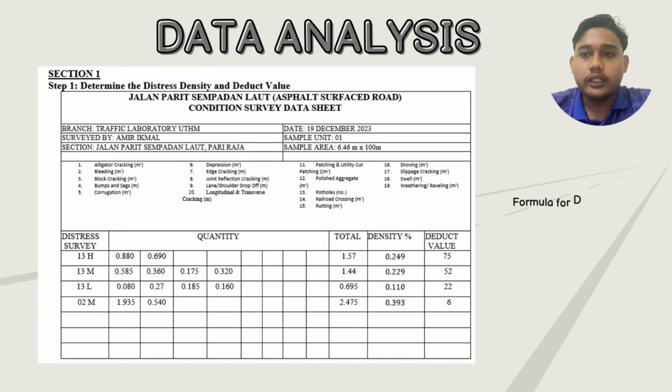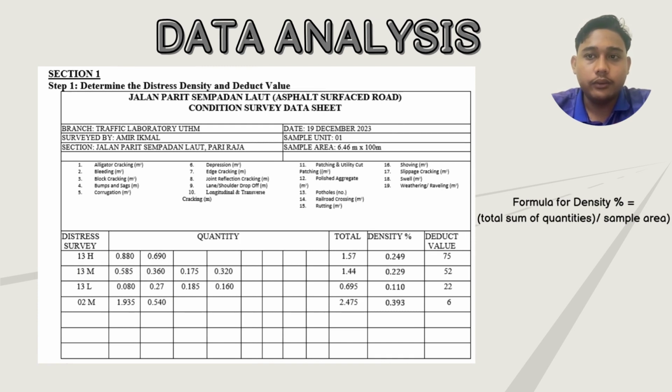So we go to section 1. Firstly, step 1 is to determine the distress density and deduct value. The road we chose is Jalan Paris Badan Laut Pak Raja, and in section 1 there are two distresses: pothole and bleeding. For pothole we have 3 types: high, medium and low, and for bleeding it is medium.